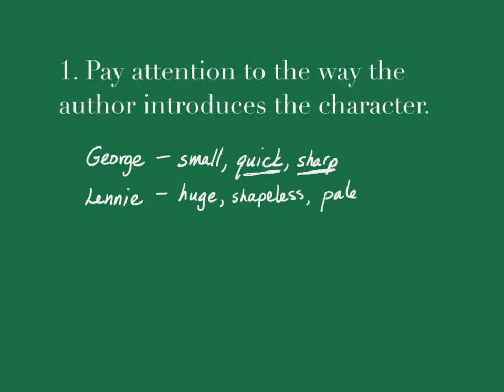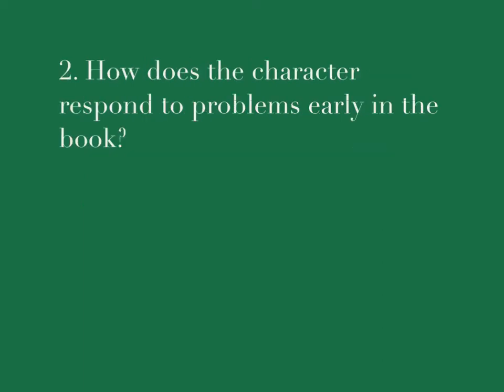With Lenny, we know he's huge, but by calling him shapeless, you get an idea that his personality is weaker than George's. George has a very strong personality. Lenny is not a strong personality. He needs George to tell him what to do. So just in the opening passage, through those adjectives, you get an idea of each character.